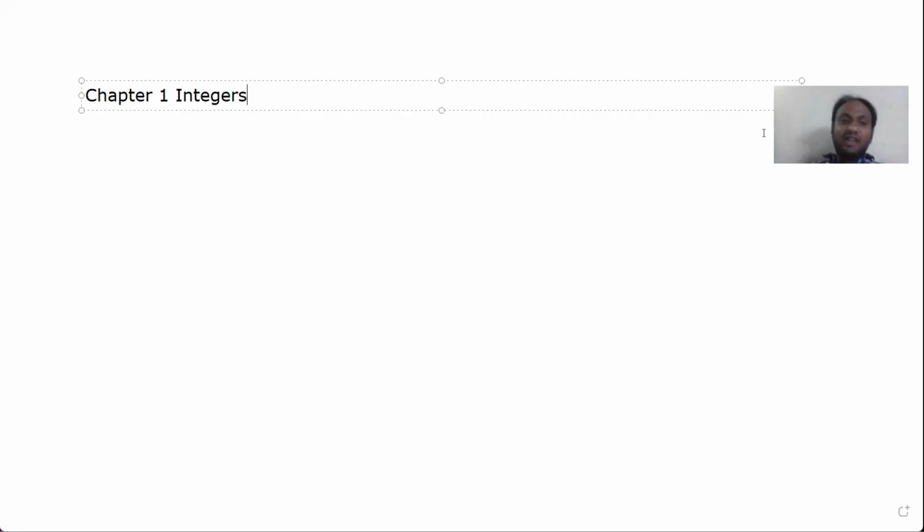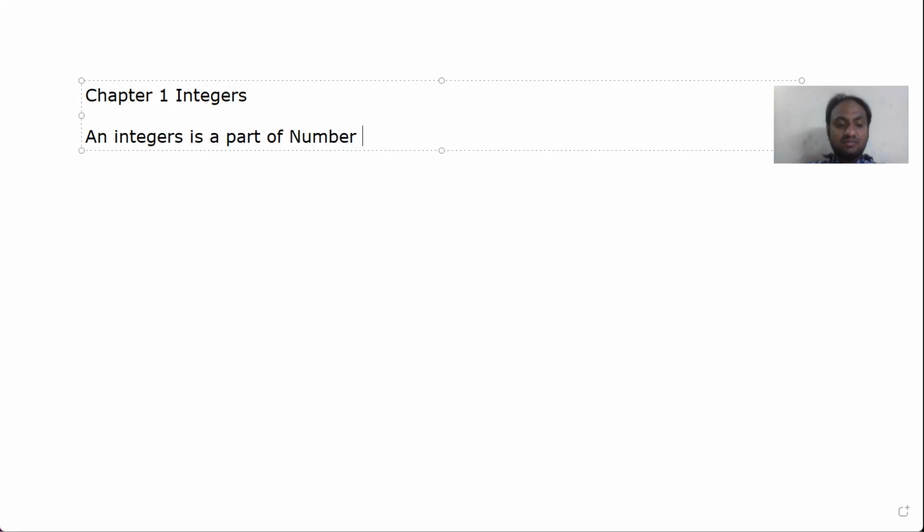Integers are a part of the number system family.